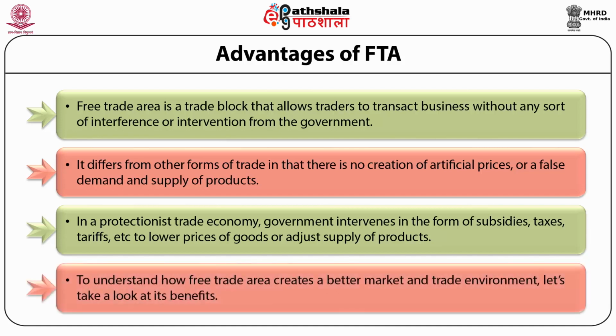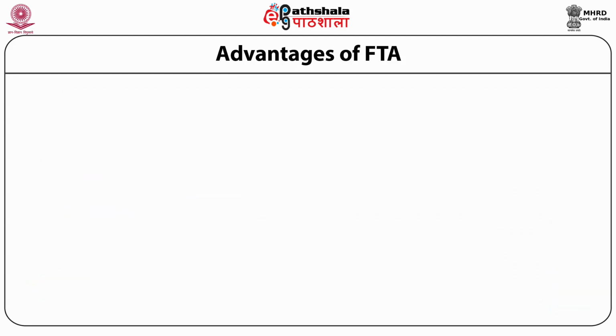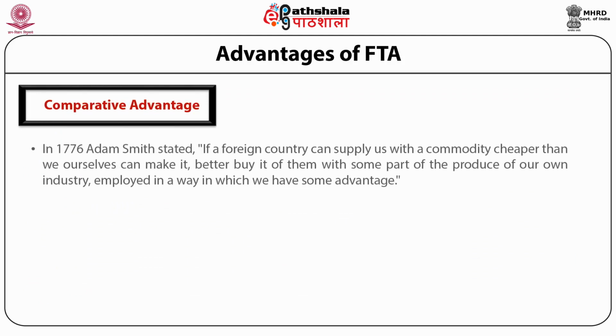To understand how free trade area creates a better market and trade environment, let's take a look at its benefits. Comparative advantage. In 1776, Adam Smith stated, if a foreign country can supply us with a commodity cheaper than we ourselves can make it, better buy it of them with some part of the produce of our own industry employed in a way in which we have some advantage.